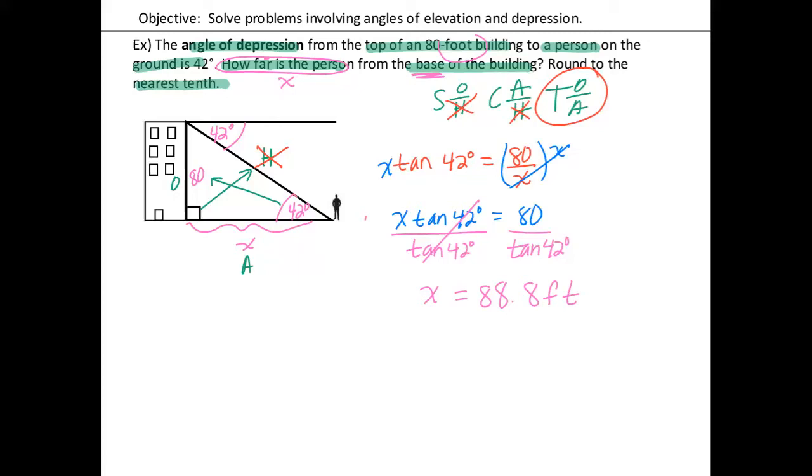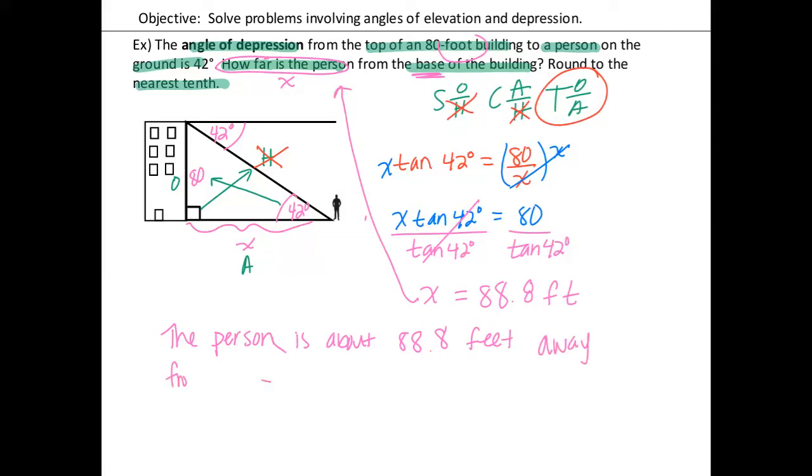And then we have to just write a sentence. So go back to the word problem and see what did we look for. We were looking for how far the person is from the base of the building. So we would say the person is about 88.8 feet away from the base of the building.